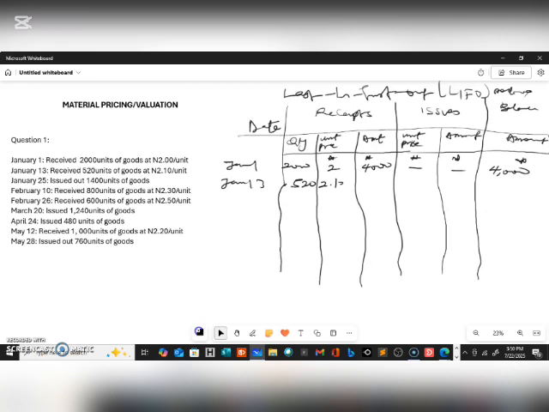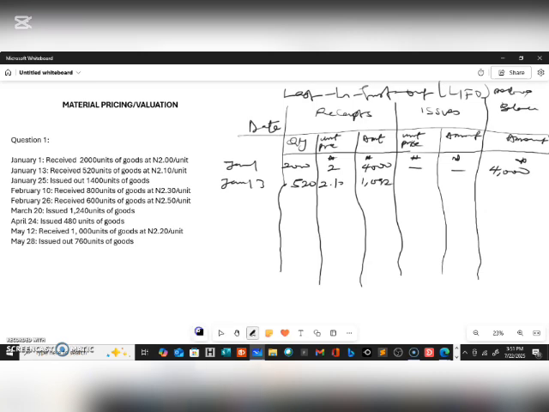You can just go ahead and take a calculator and do the workings. 520 multiplied by 2.10. That's 1,092, not 1,020. So let's write that, 1,092.